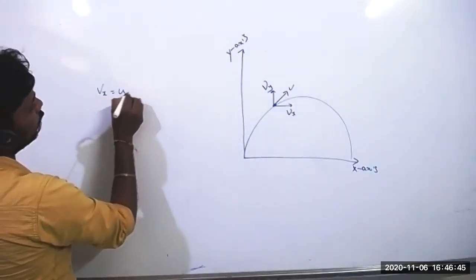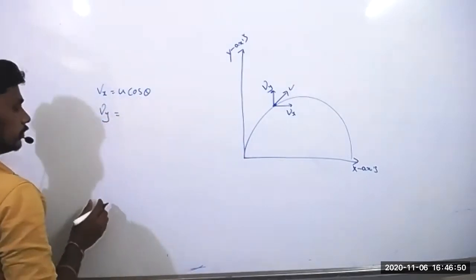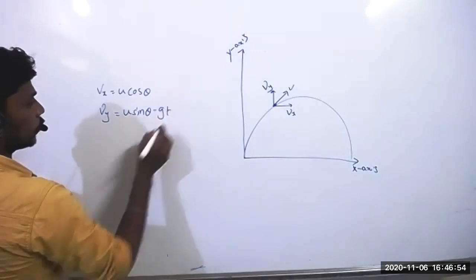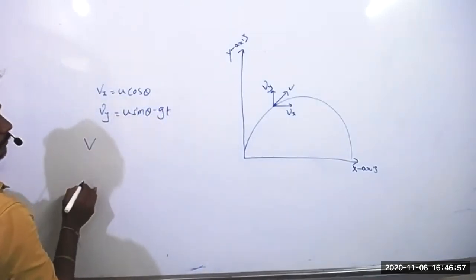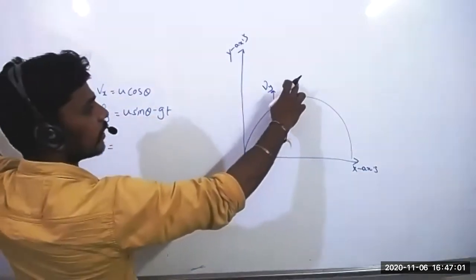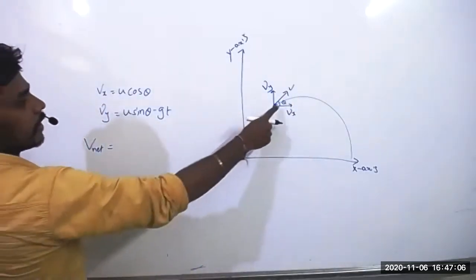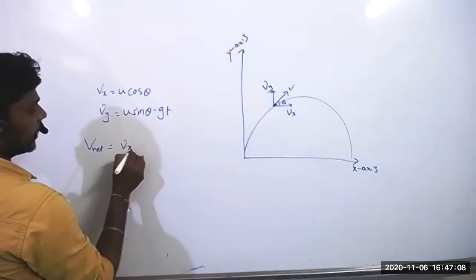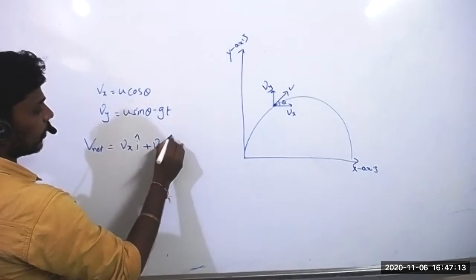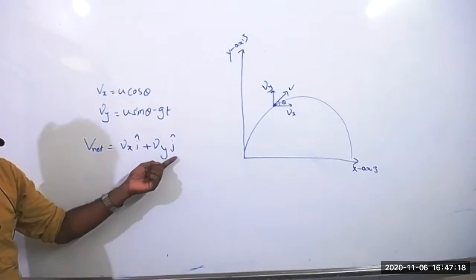Vx is equal to u cos theta only. Vy how much? u sin theta minus gt. So v net, this velocity, equals v in vector form: vx i cap plus vy j cap, because i cap is the unit vector along the x direction and j cap is the unit vector along the y direction.